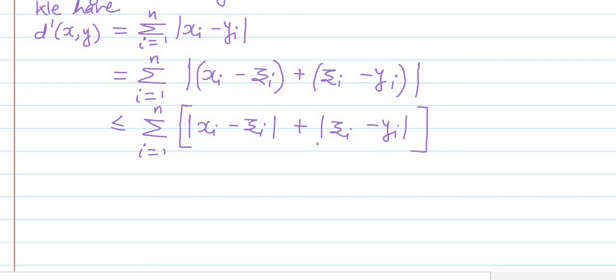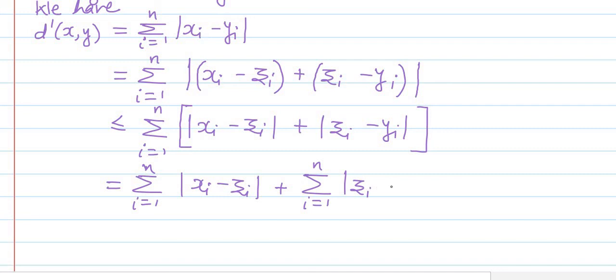Now take the summation separately, which is equal to the summation over i equal to 1 to n mod of xi minus zi, plus summation over i equal to 1 to n mod of zi minus yi.